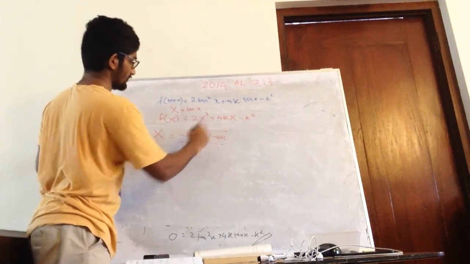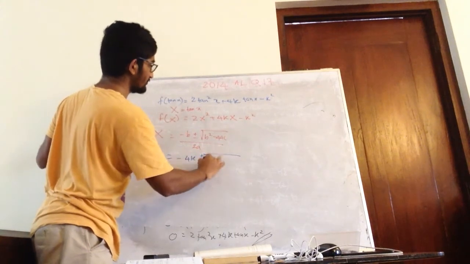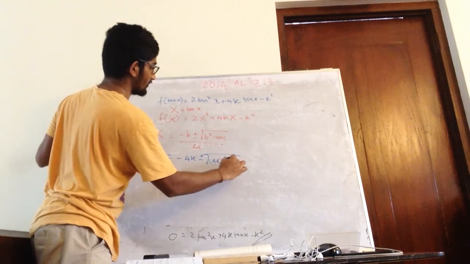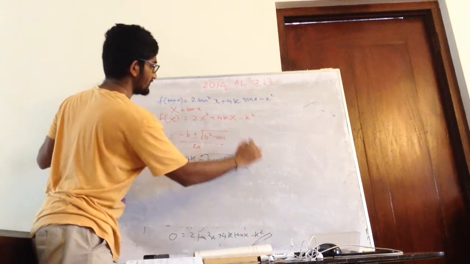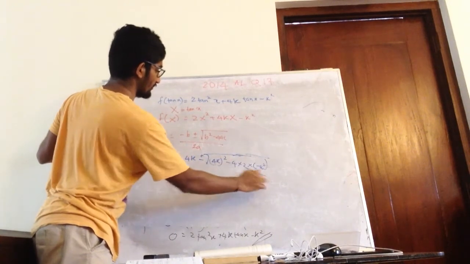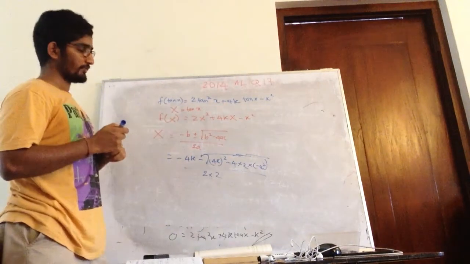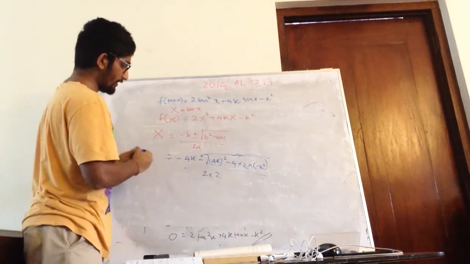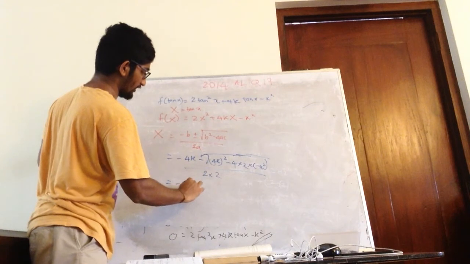Minus b is minus 4k, plus or minus the square root of, what is b squared? 4k squared. Minus 4, what is a? It is 2. What is c? Minus k squared. Over 2 times 2. Then minus 4k.